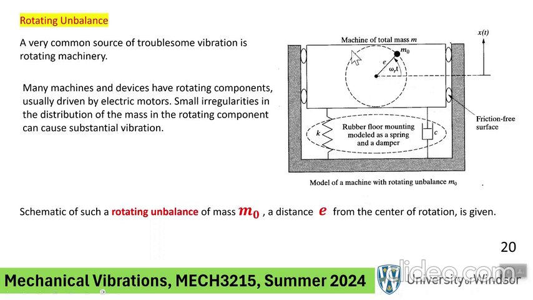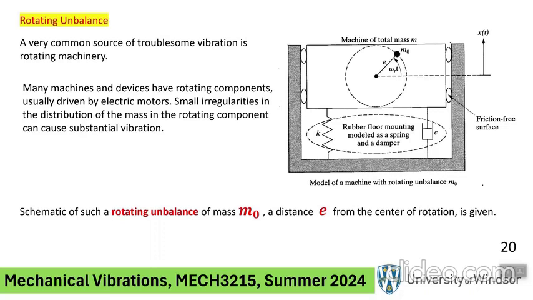For example, if this was actually a complicated object, such as a set of fan blades or a turbine, you know where the center of rotation is, where the axis of the shaft comes in and makes it rotate.